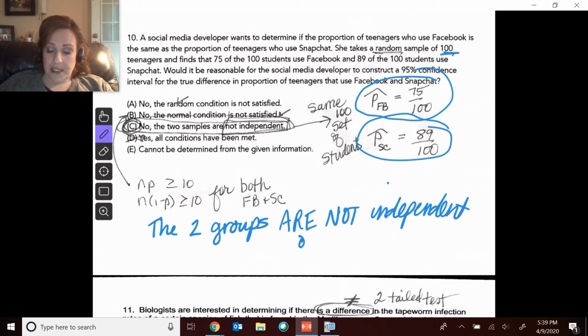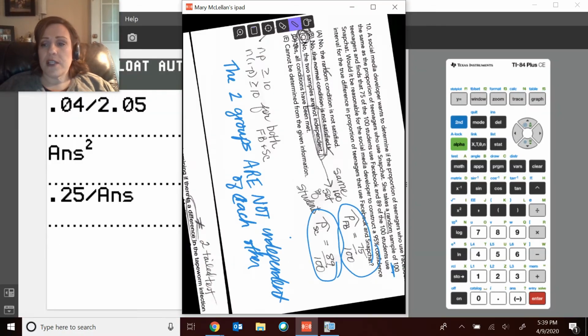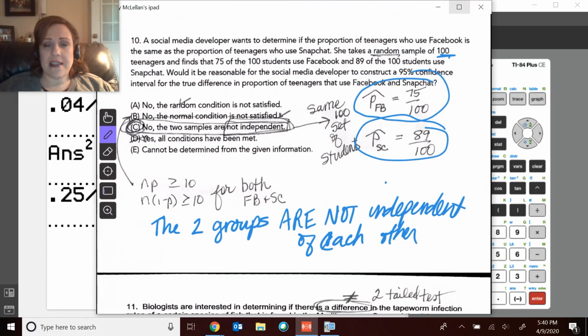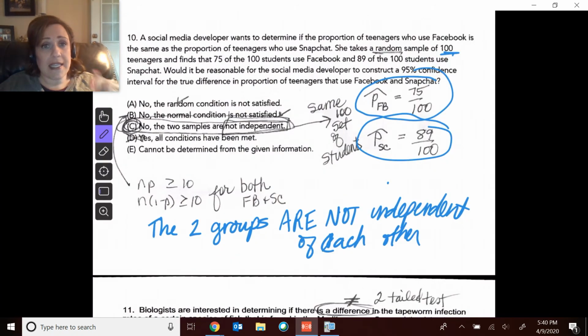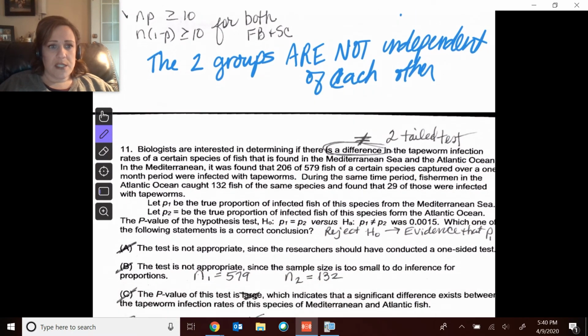The reason that matters is, if they're the same ones, does being on Facebook make them more or less likely to be on Snapchat? Maybe more likely because they're into social media. Maybe less likely because they prefer Facebook over Snapchat. I don't know. Probably more the opposite, because only old people are on Facebook, right? Okay, so that's why it was C.